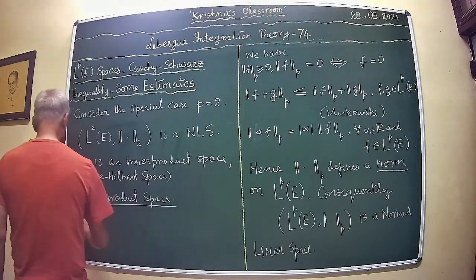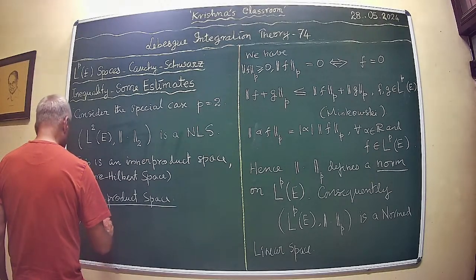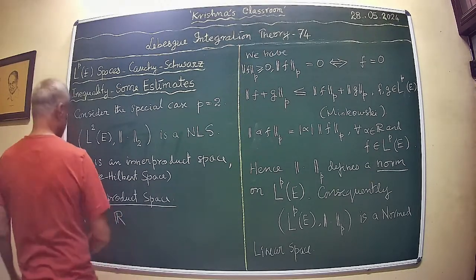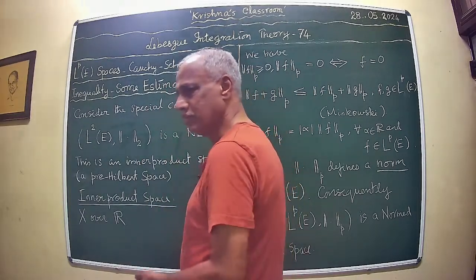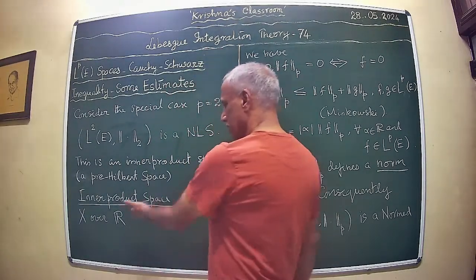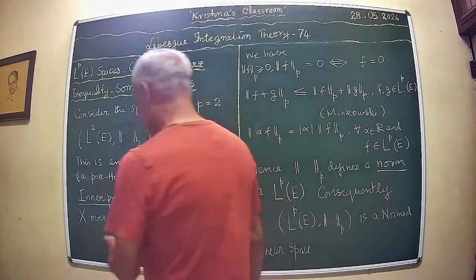So you have X over R. Let us talk about the real inner product space over R. One can as well define things for C. This can be generalized to more exciting spaces.